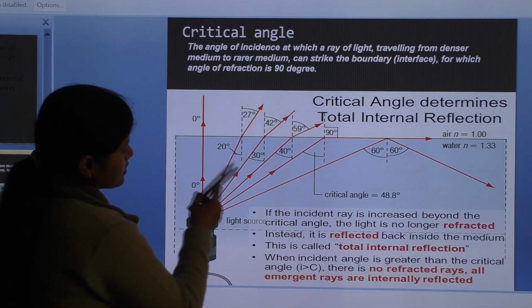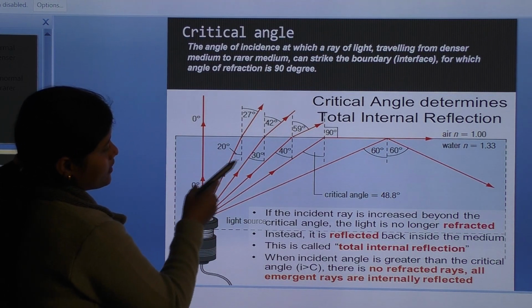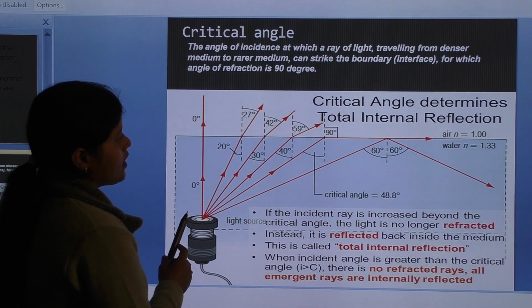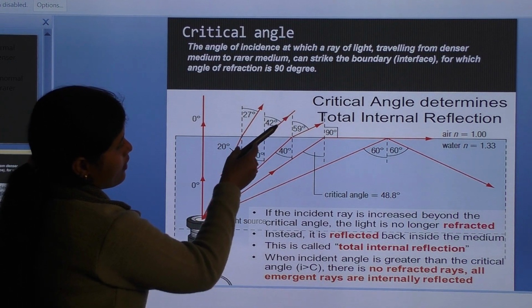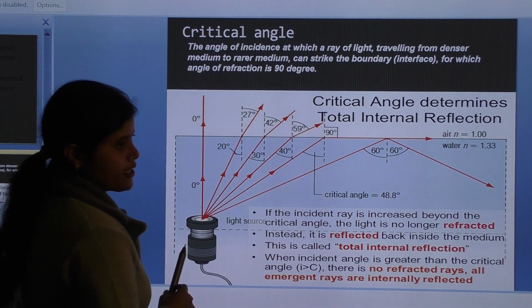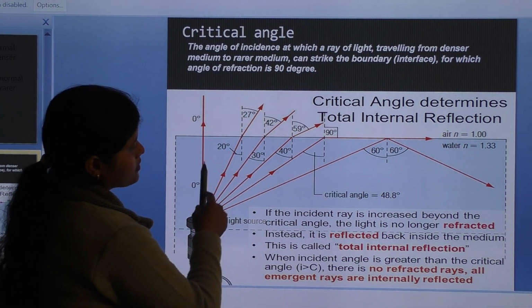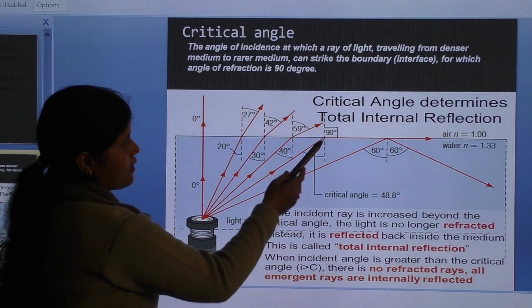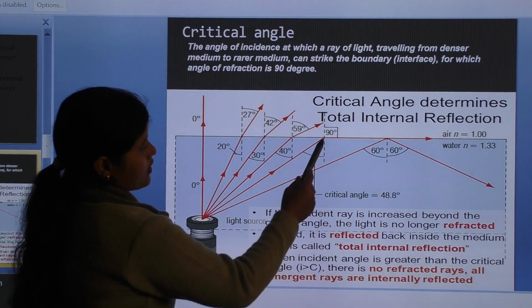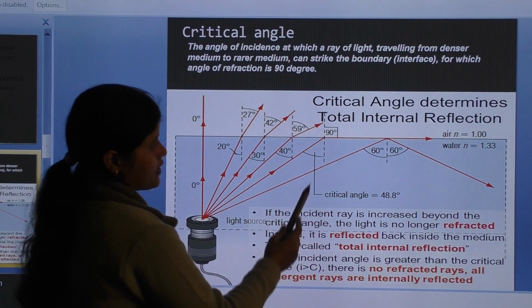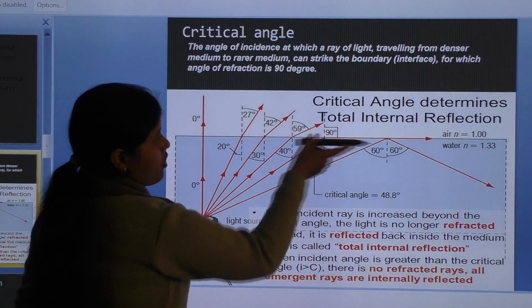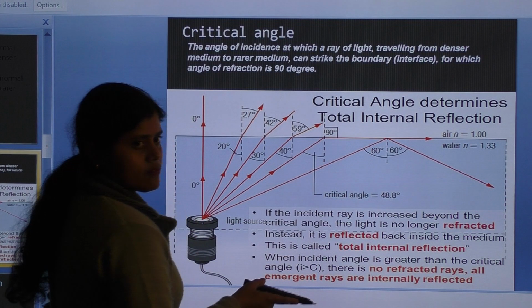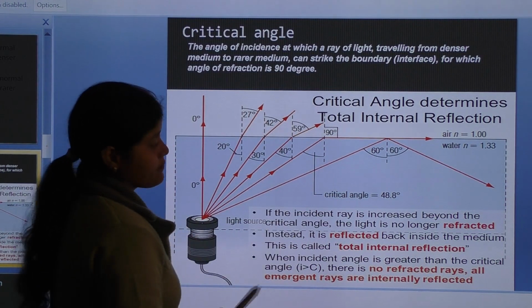In the next trial, we increased the angle to 30 degrees, and the angle of refraction becomes 42 degrees. Likewise, after successively increasing the angle of incidence, we saw that at a certain angle, 48.8 degrees, the angle of refraction becomes 90 degrees. The ray emerges along the interface which is separating the two media.